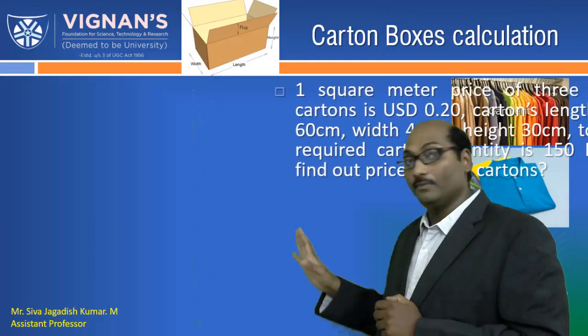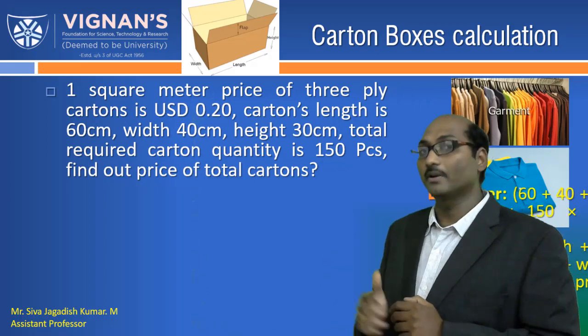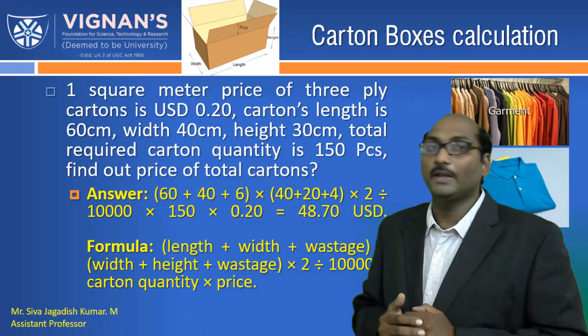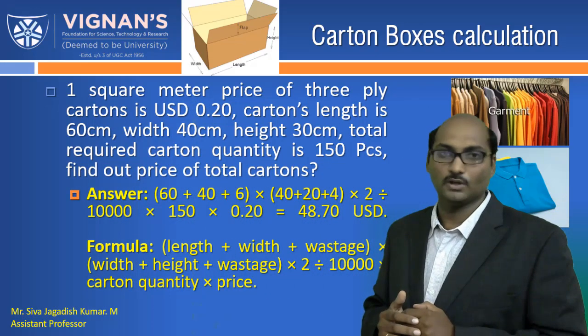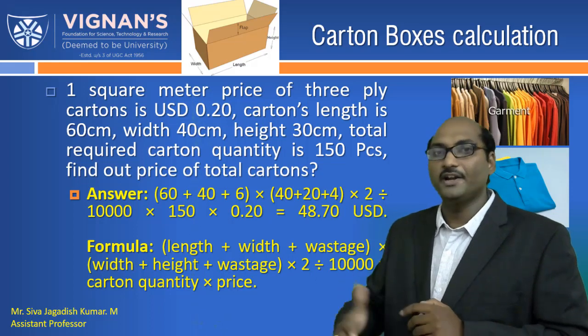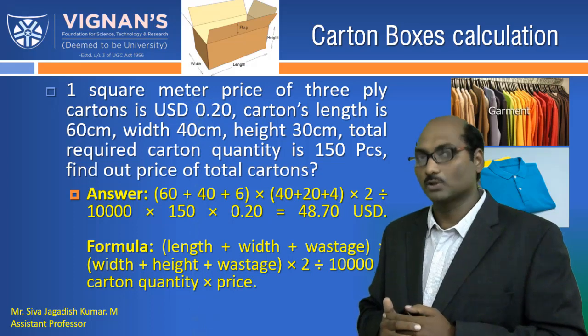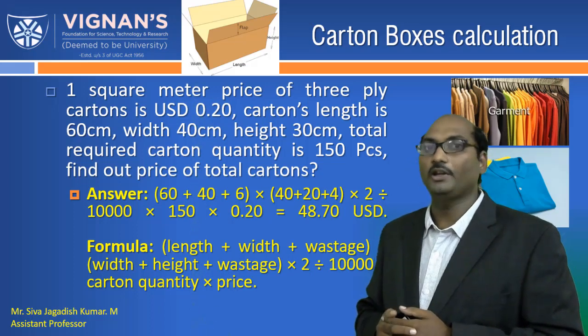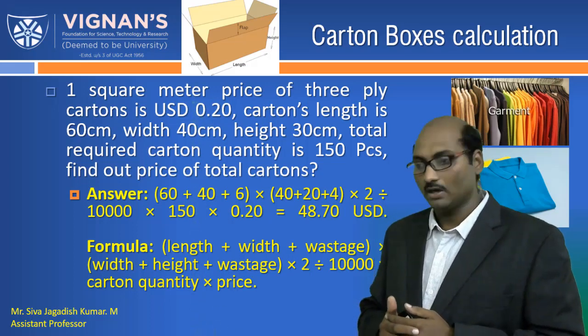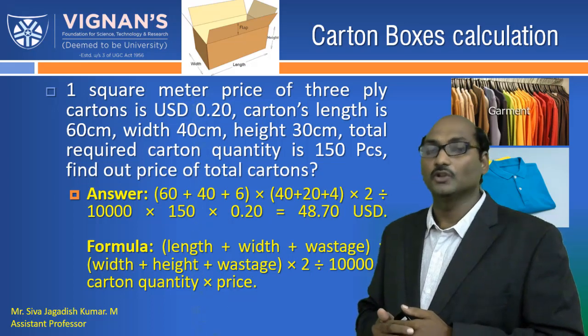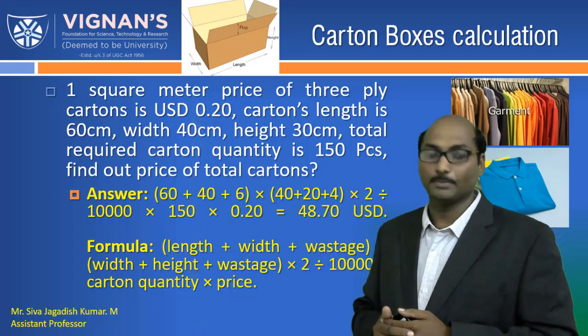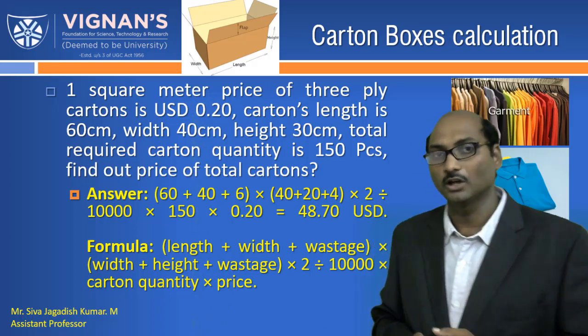See another example. The price per 1 square meter of 3 ply carton is 20 cents of US dollars. Once we identify how many square meters, generally it is 20 cents per square meter in case of 3 ply, 40 cents for 5 ply, 80 cents in case of 7 ply or 9 ply. Understood? This is the general cost.